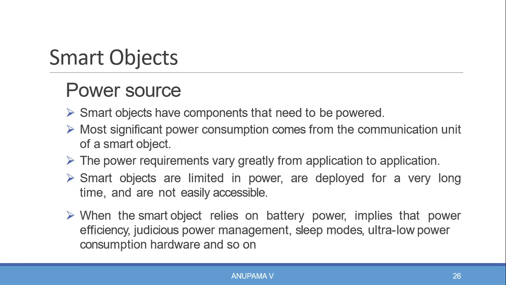Smart objects are limited in power, are deployed for a very long time and are not easily accessible. When smart objects rely on battery power, that implies that power efficiency, judicious power management, sleep modes, ultra low power consumption hardware and so on are the key components for the design of smart objects.